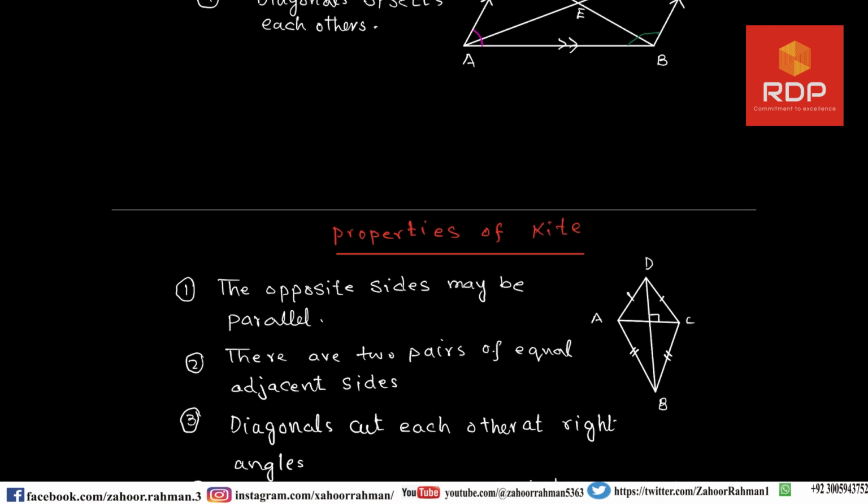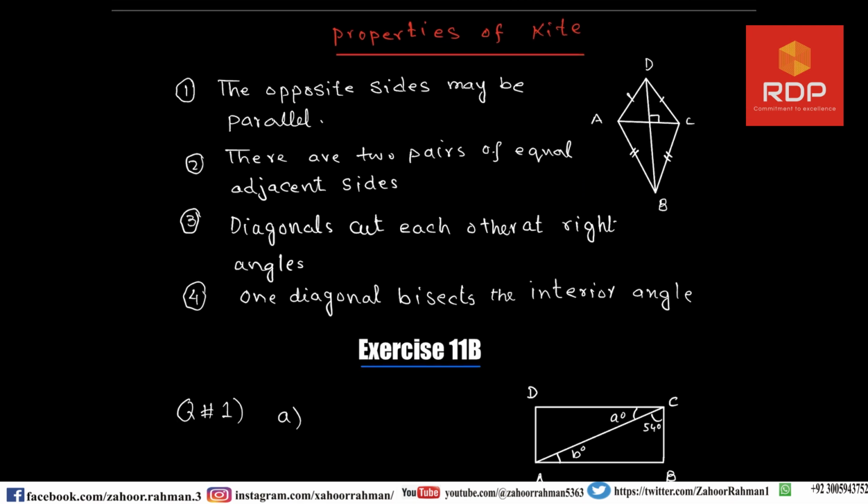So here we are turning our focus to the third type of quadrilateral. The name given to it is kite, because it portrays a kite almost.